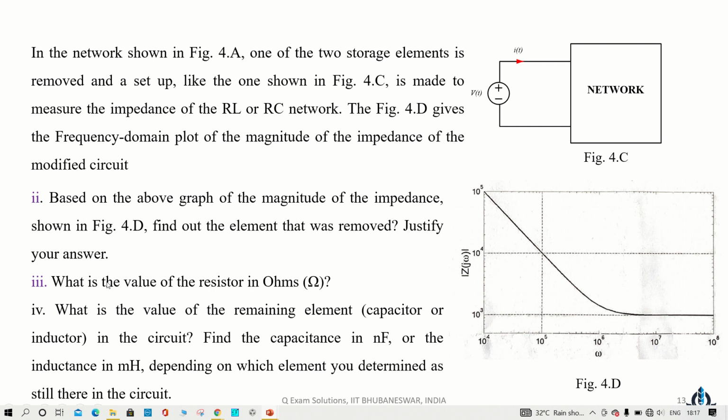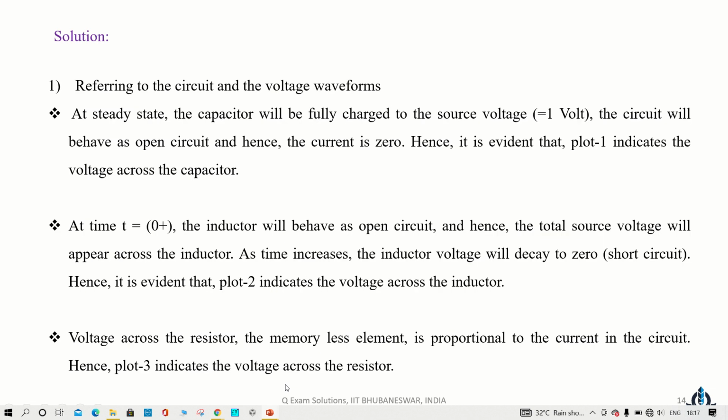It also asks what the value of the resistor in ohm is, and fourth, the value of the remaining element. Like here, if an RC element is there, then what is the value of C? Find the capacitance in nanofarad. If it is inductance, then find it in millihenry, depending on which element is still there.